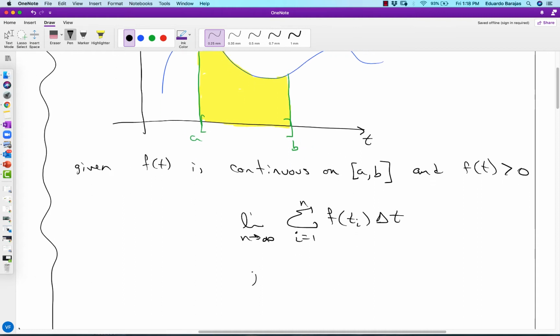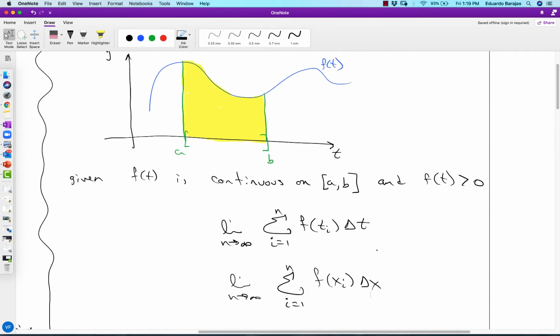So the limit as n goes to infinity of the sum as i goes from 1 to n of f of x sub i delta x. But again, we're using x way too much, and there's nothing special about x. So I'm just trying to switch it up, and also because I'm about to use x for something else. Just as I complain that we use x too much, I'm saving it because I want to use it.